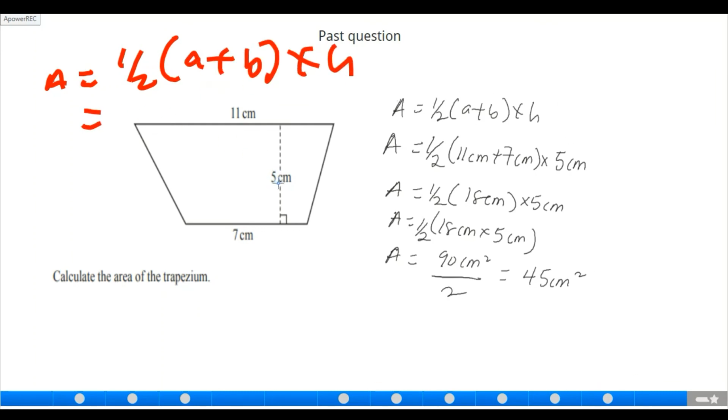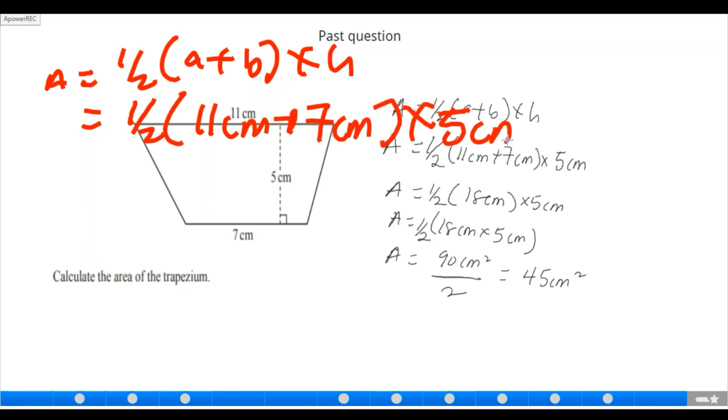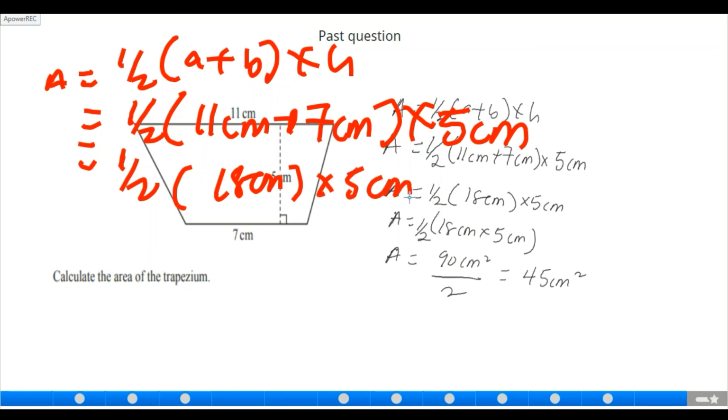So in this case, height is 5 centimeter, and the two sides we are dealing with are 11 centimeter and 7 centimeter. So we have 11 centimeter plus 7 centimeter multiplied by 5 centimeter. 11 plus 7 is 18 centimeter, multiplied by 5 centimeter. I think that should be 90 centimeter.